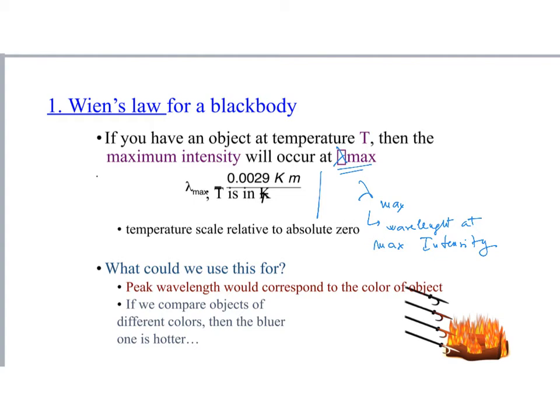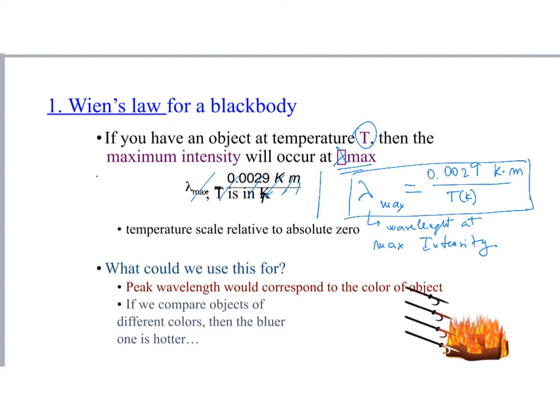It is related to the temperature T of that object by this relation: it is 0.0029 Kelvin times meter divided by temperature in Kelvin. So forget about the other form; this is the formula that we are going to use. Even if the temperature is given to you in a problem in Fahrenheit or Celsius, make sure you have that in Kelvin units.